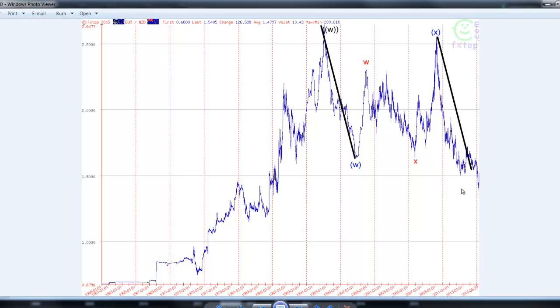So it also has not reached the 50% retracement of the entire rally. But anyway, the internals of this structure don't look complete yet in my opinion. So I would argue that even though it already reached the equal leg, there's a possibility that it can make a new low, because the internal structure here doesn't look complete.